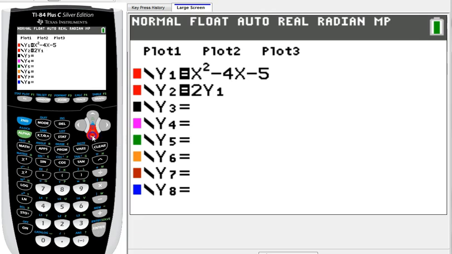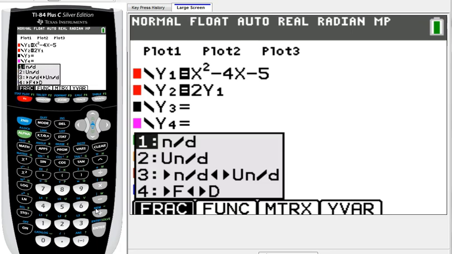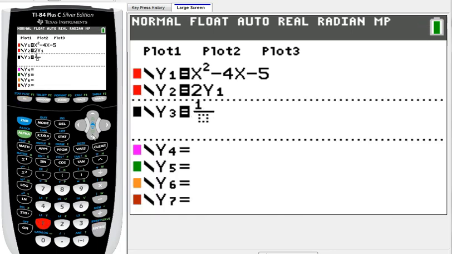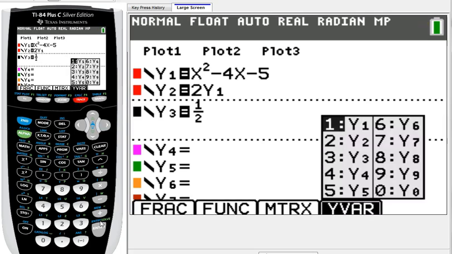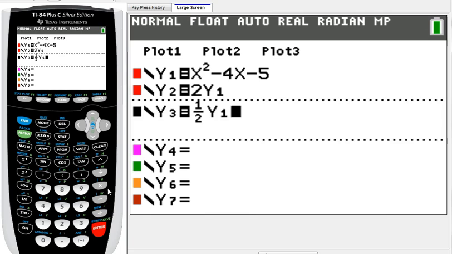And then in y3, we're going to do half times y1. All right, so I'll make a mini fraction here. So we've got half of y1. Again, it's alpha, and then the trace button to get the y vars. I wonder if I could change the color here a little bit.